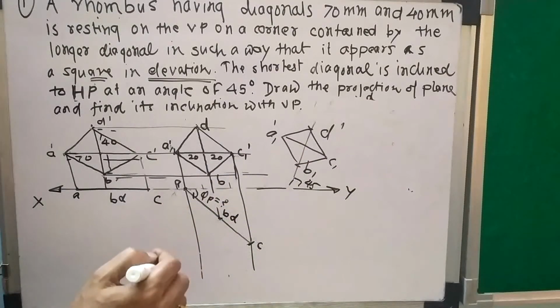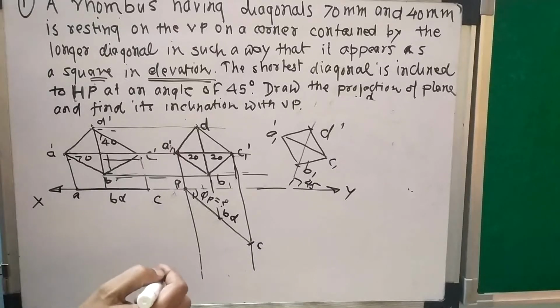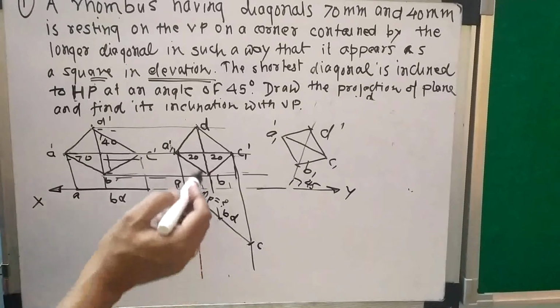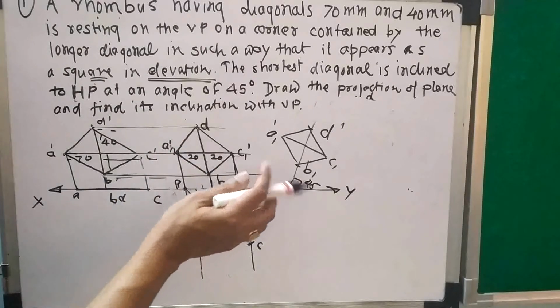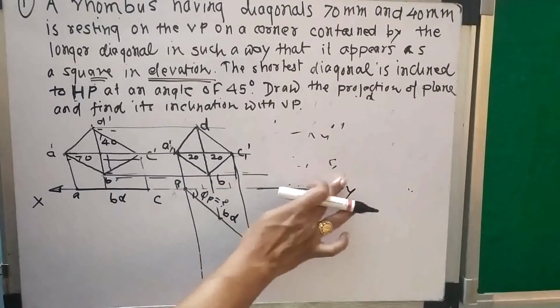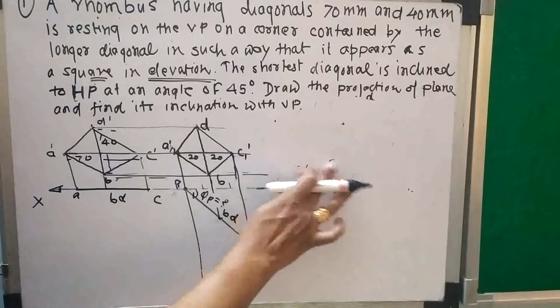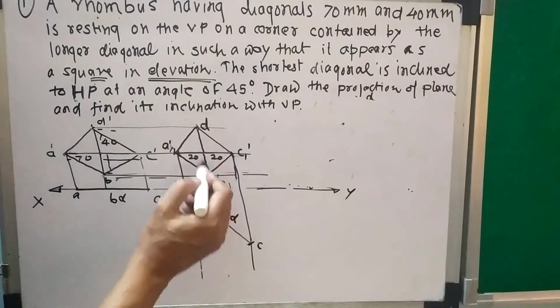Now instead of that reconstruction, let's use the auxiliary plane method. In the auxiliary plane method, what we will do, we will take the auxiliary plane directly inclined to this BD.